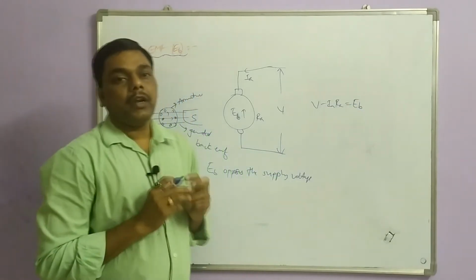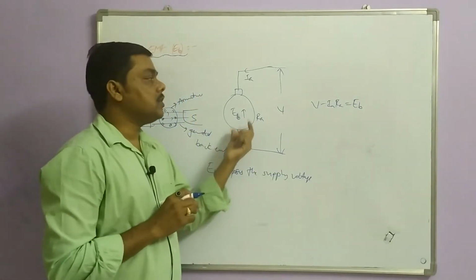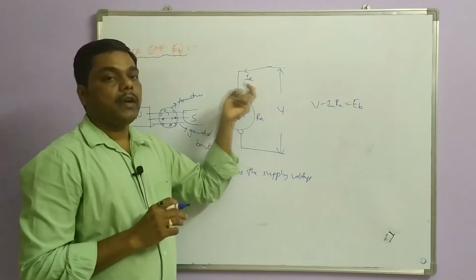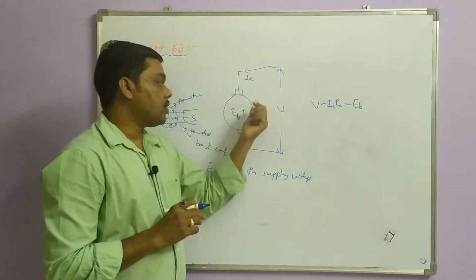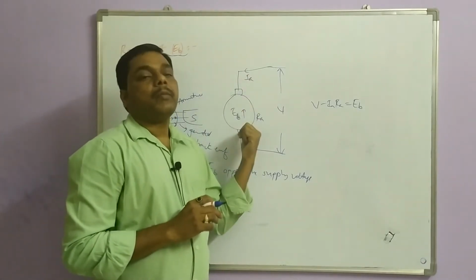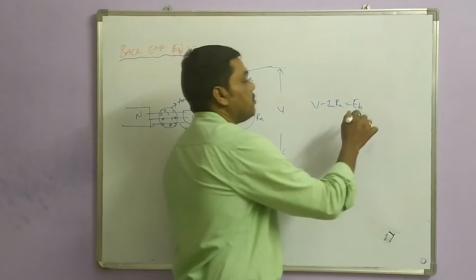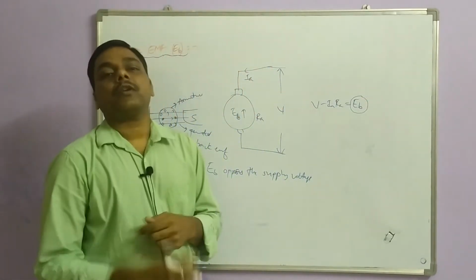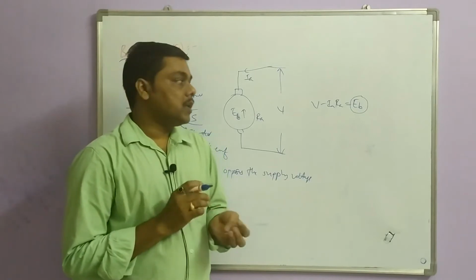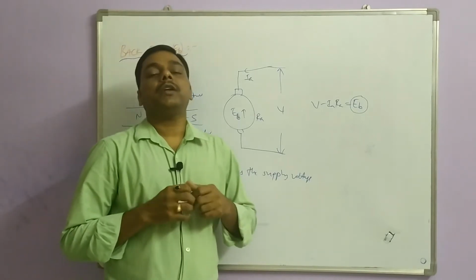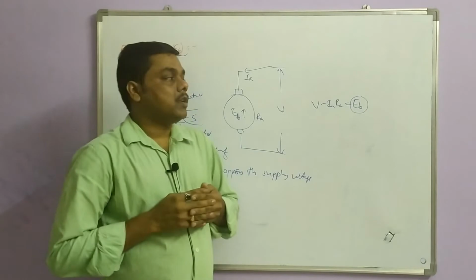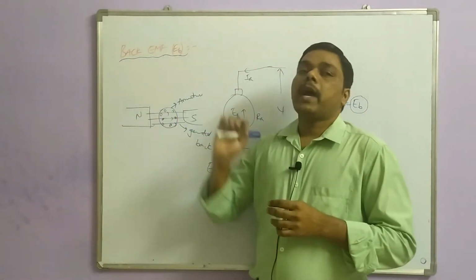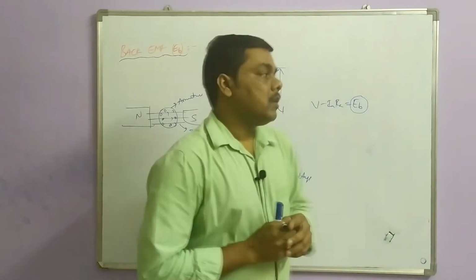Now the back EMF or generated voltage will drive this. So V operates with Ia, the armature current that is going to drive this armature. This back EMF is also called generated EMF or counter EMF. But generated EMF is a term related to generators, so that's why you can call it counter EMF or back EMF.